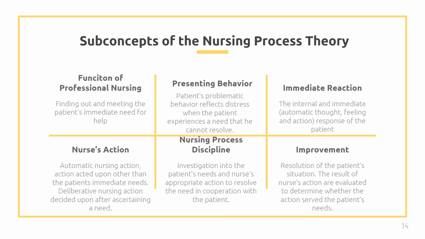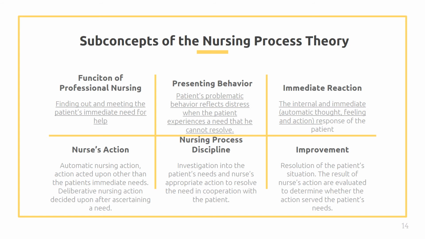Function of professional nursing. It is finding out and meeting the patient's immediate need for help. Presenting behavior. It is a patient's problematic behavior that reflects the stress when the patient experiences a need that he cannot resolve. Immediate reaction.